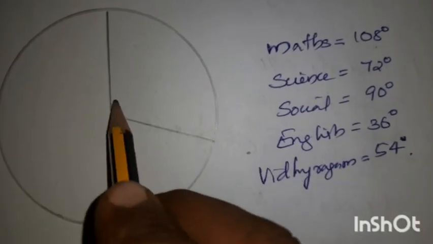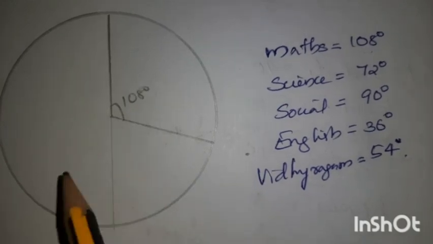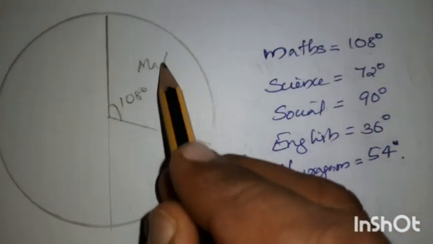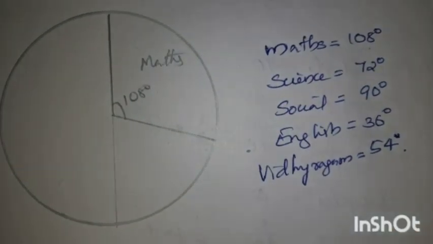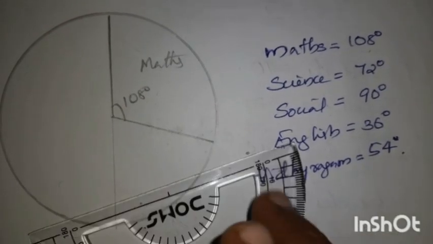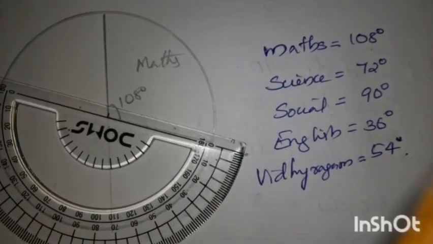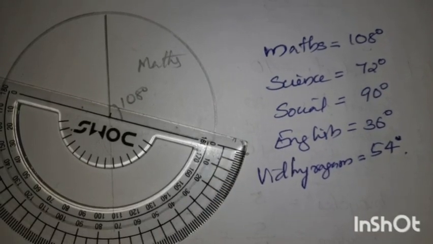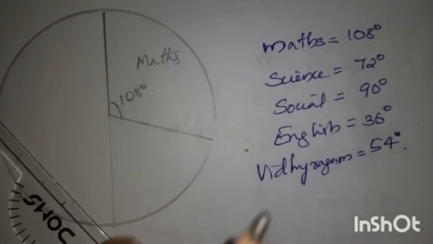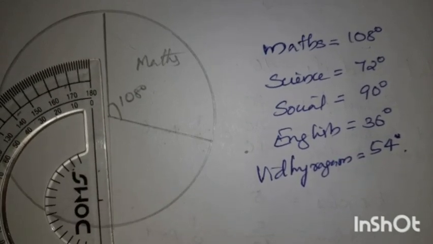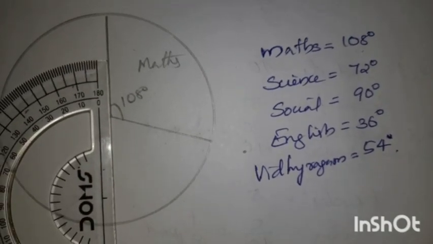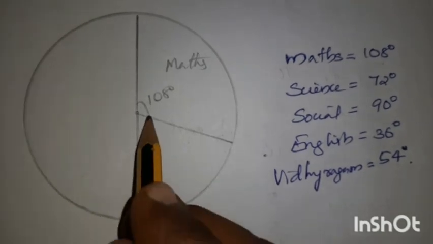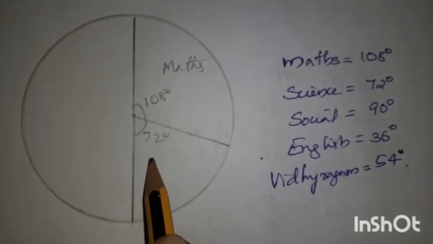So this angle is 108 degrees. What is that? Maths. Next is 72 degrees from here. Draw the line and mark the angle here, 72 degrees, which is Science.